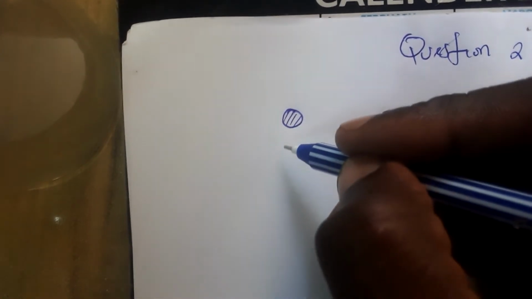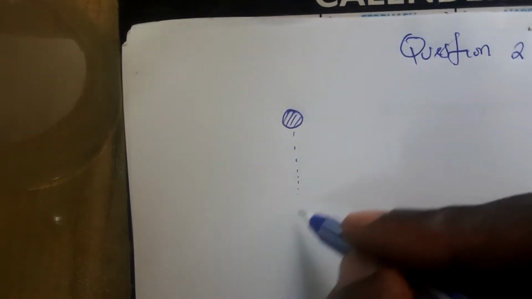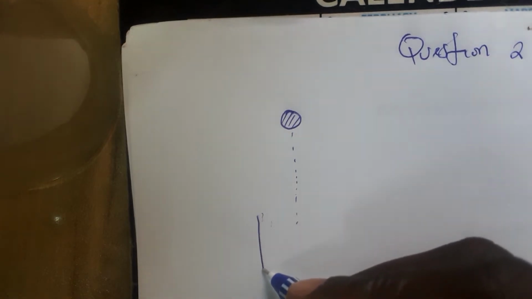Okay, so guys, the best way to solve physics questions is picturing them. Picture it, put it on paper. So they are saying a 5 kg ball, okay, falls into a box. Okay, so this is our box right here.